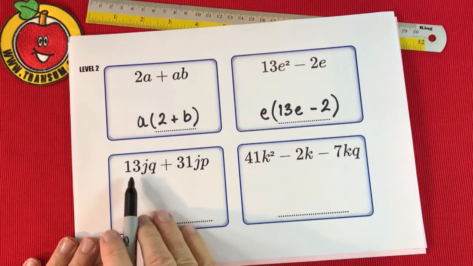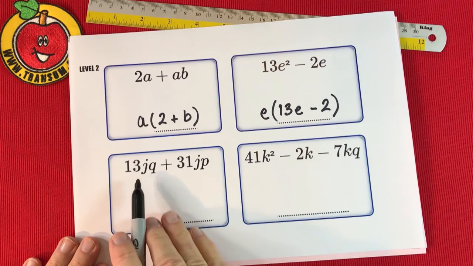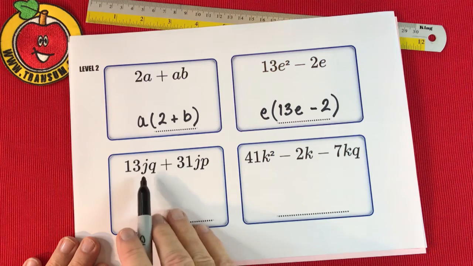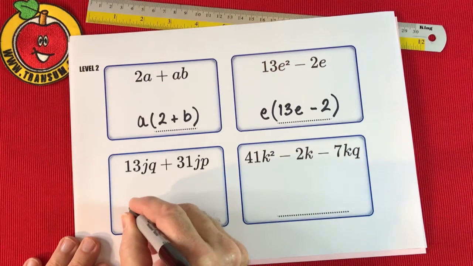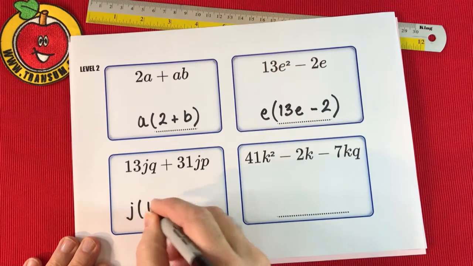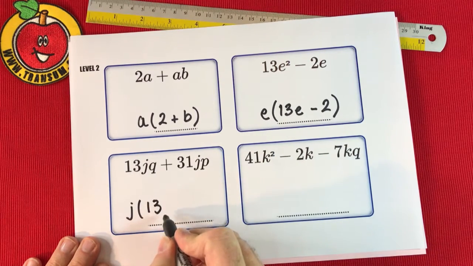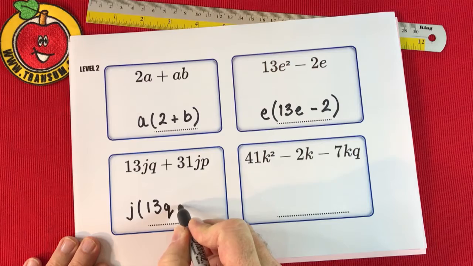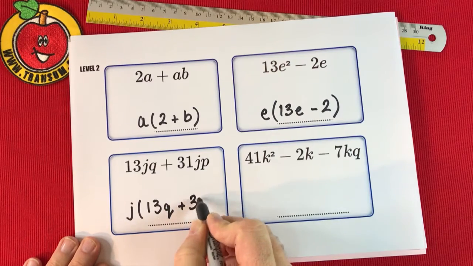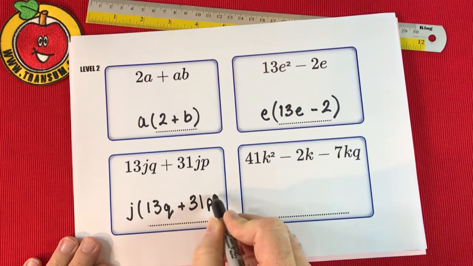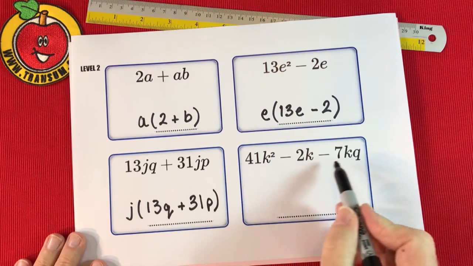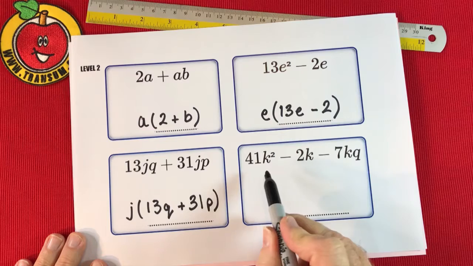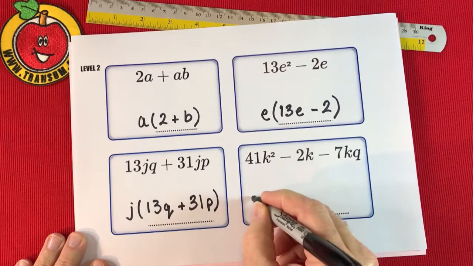Right, now we have quite a lot going on here. But the only common factor of these two terms is the letter j. So that goes in front, leaving me with 13q plus 31p. And finally, this has got 3 terms, and the only common factor is k.